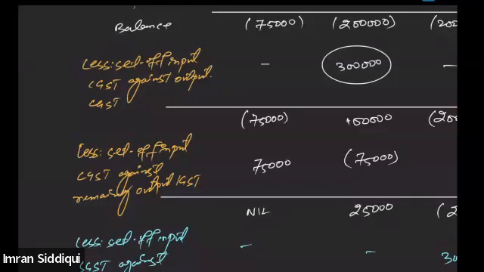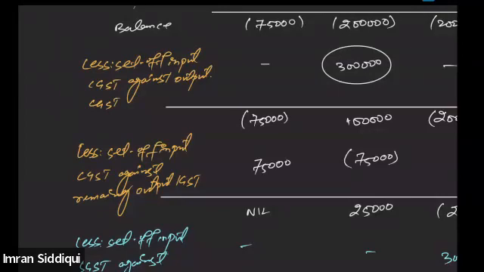So the entry for this will be output IGST account debit to input CGST account 75,000.